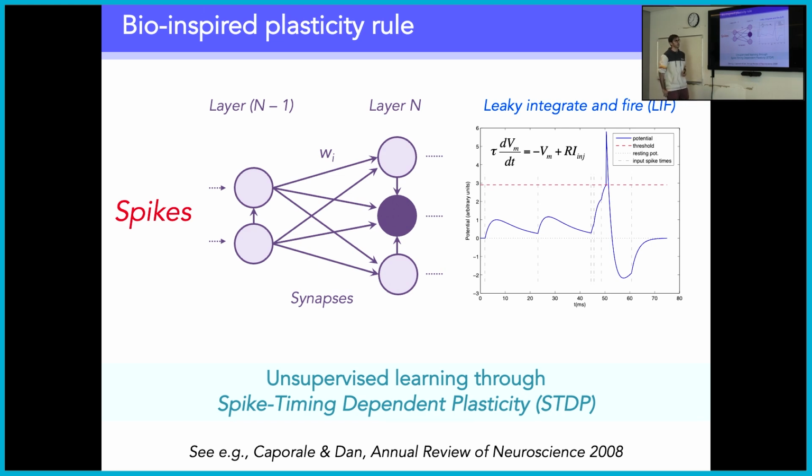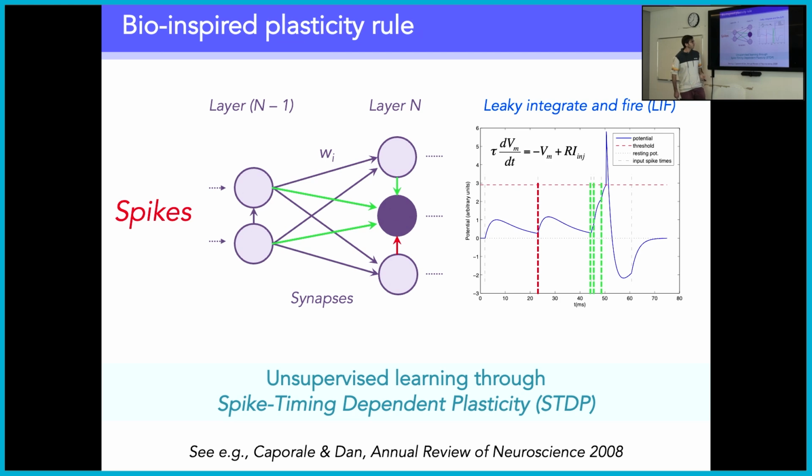This is a classical model of the membrane potential for people doing computational neuroscience. Here you have the membrane potential of one neuron as a function of time. Whenever a spike is received by this neuron, the membrane potential increases up to a given value, and because of the leak, it goes back to the baseline.